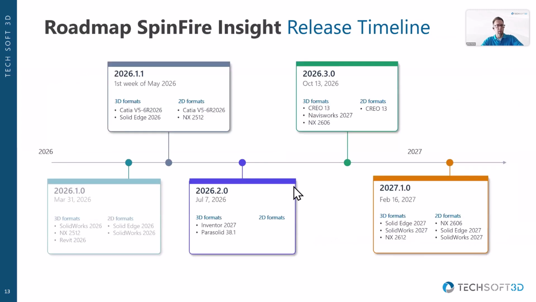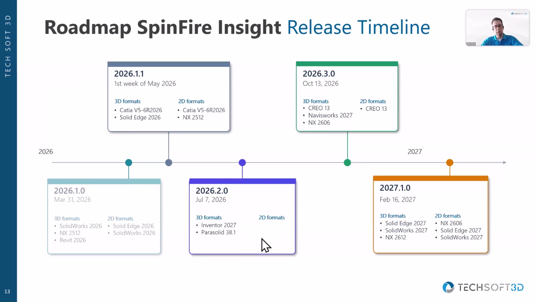And then we have our roadmap for the remainder of this year. 2026.1 was just released at the end of March. And we have a 0.1 release, a minor point release, just to get this out the door with the latest CATIA V5 importers. And then we have additional target releases throughout the year.